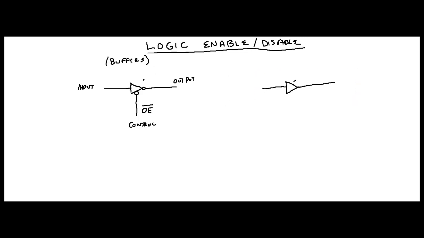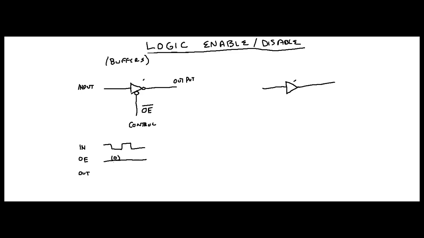So what does that mean? That means that if you have a signal coming in, if your input looks like this, your OE, and then your out, okay? So if your input's going high, then low, then high, then low, and your output enable is low, let's just say this is a 0 here.